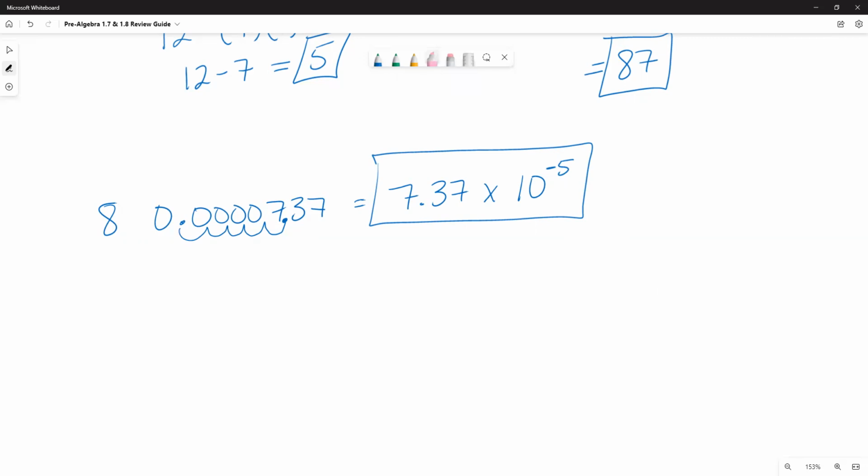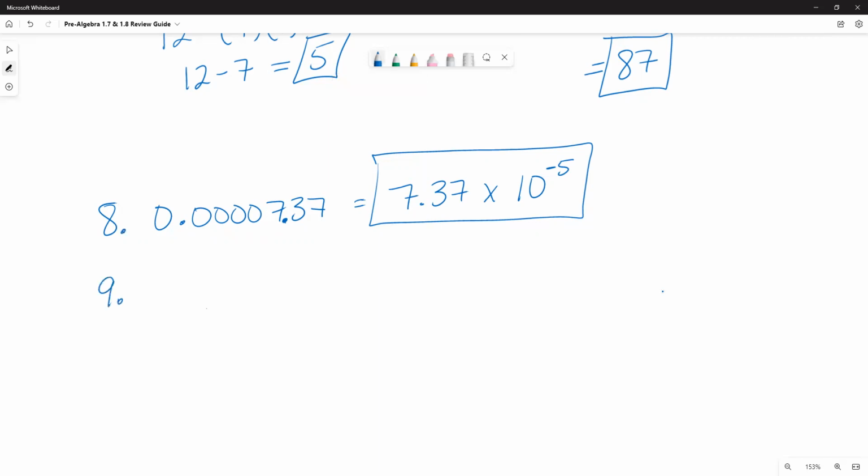If your original number is a decimal smaller than 1, then your exponent is going to be negative every time. If you're having to move the decimal place to make a whole number larger than 1, then you must have a negative exponent.